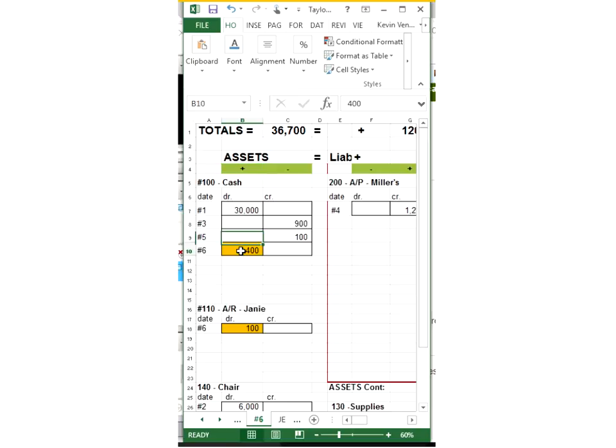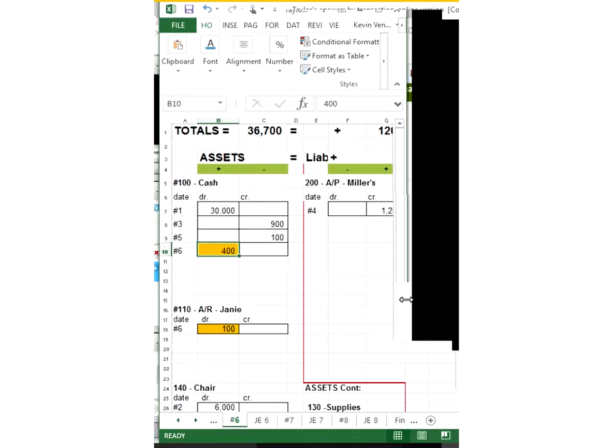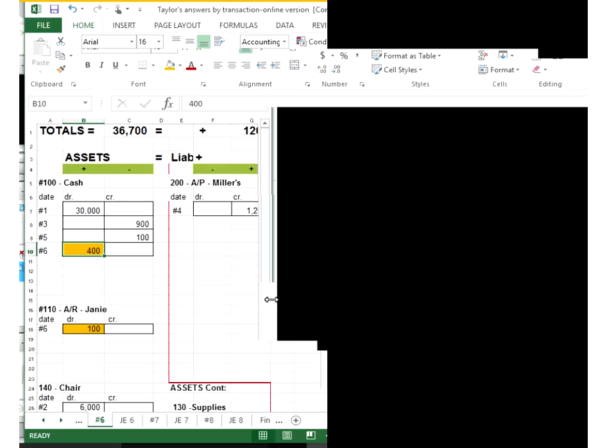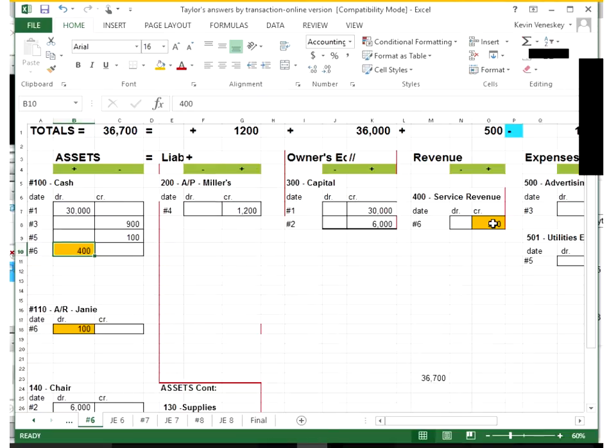But I also know I'm not done because I haven't answered the credit question: how or why did I get this $400? What did I do to benefit by getting $400? Well, hopefully you'll understand that I did it by actually doing my job. I've earned my first revenue.